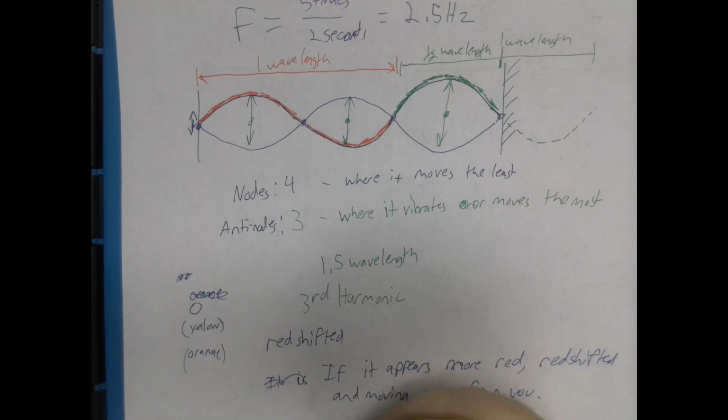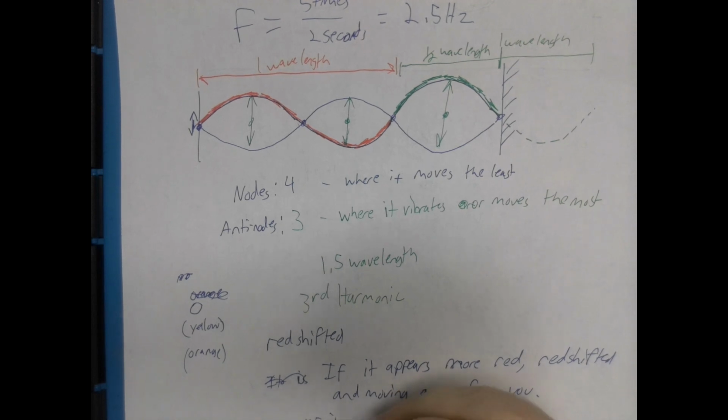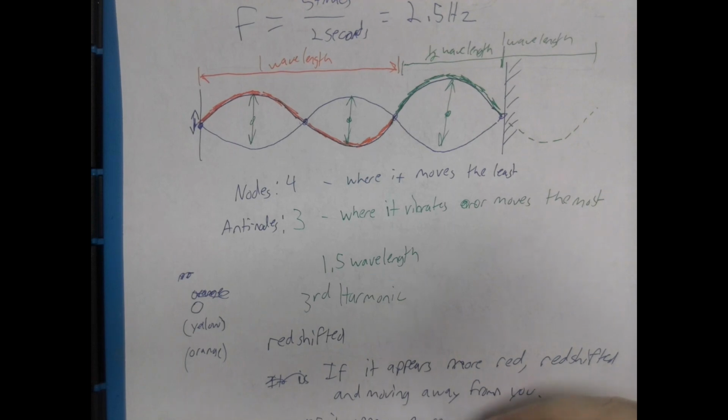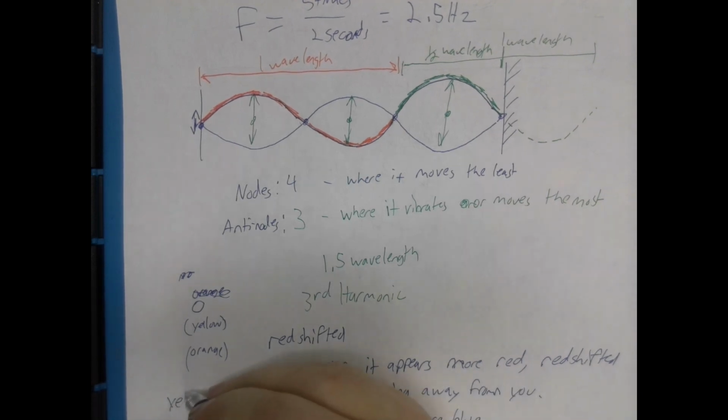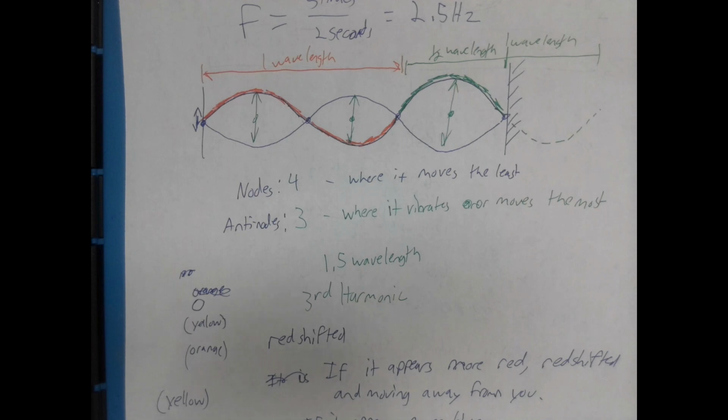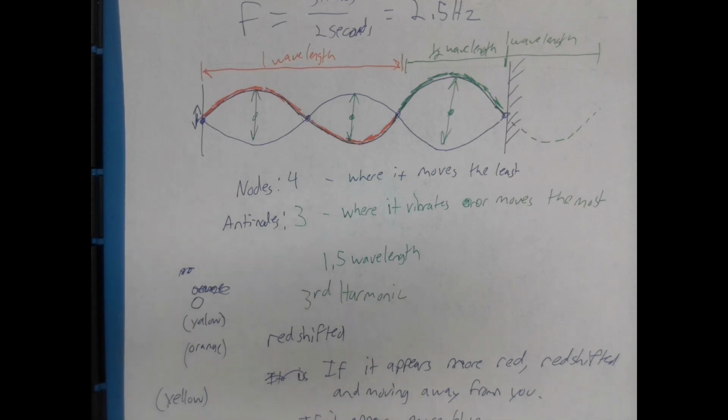If it appears more blue, so for example, if it's supposed to be yellow, but it appears green, this is shifting in.